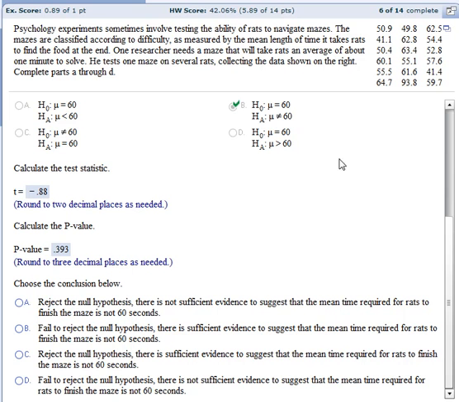Even at a significance level of 0.05, you're going to fail to reject the null hypothesis. You can assume that this data came from a place where the null hypothesis is true, where the mean value is 60. So I will fail to reject the null. There is not sufficient evidence to suggest that the mean time required for the maze is not 60 seconds. No English teacher would like that sentence, but we don't have evidence to suggest a difference from the null.